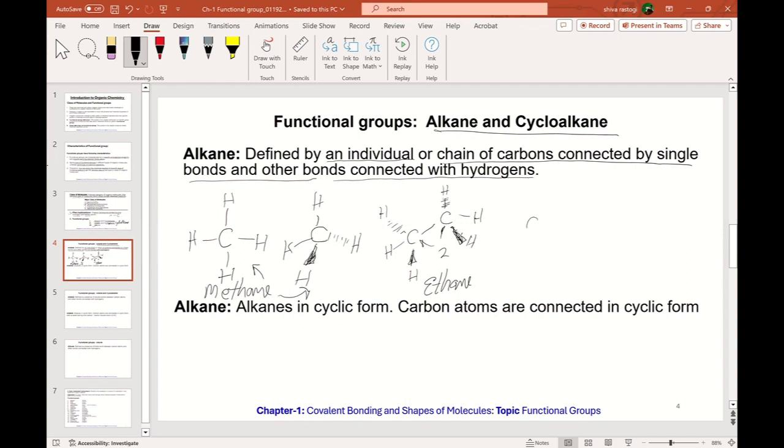Another example is propane. So let's erase this one, otherwise it will confuse. CH3, the 3 carbons are connected to each other, with one hydrogen, second hydrogen, third hydrogen, and this carbon has only 2 hydrogens.